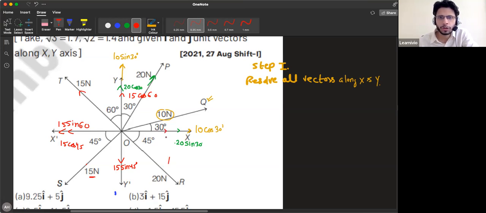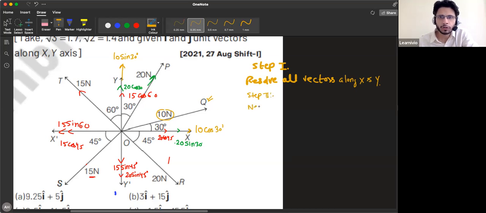The component of 20 Newton along x-axis. 20 cos 45. Good. This one, 20 sin 45. Safula, is it clear? Yes, sir. Okay.